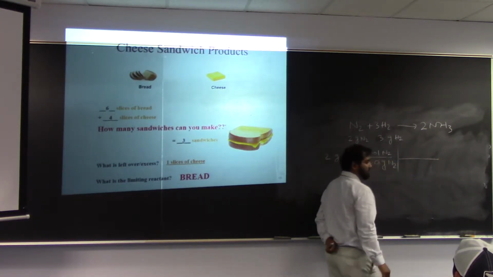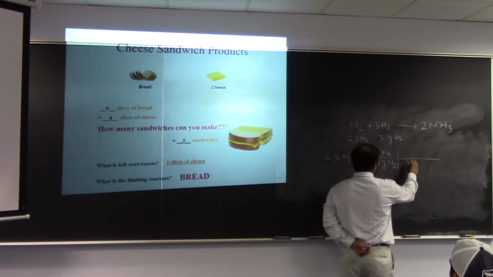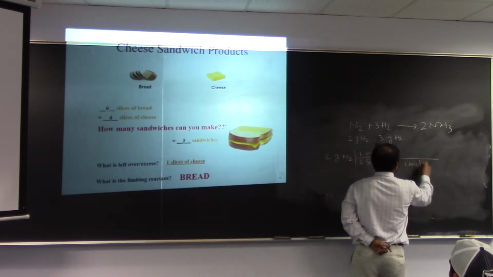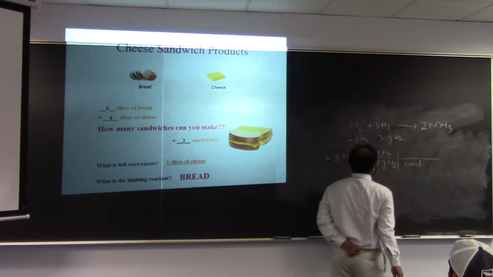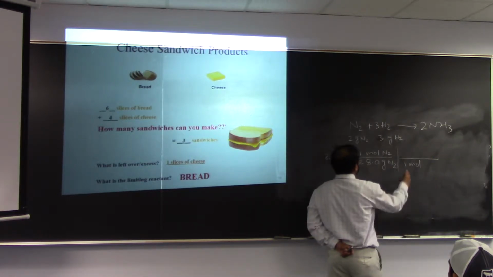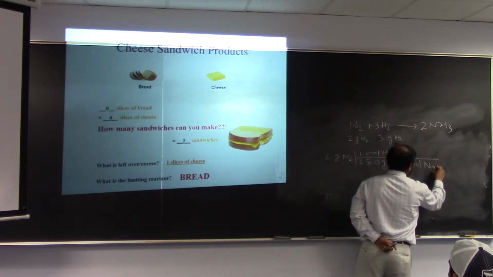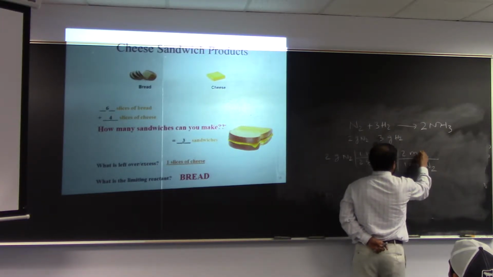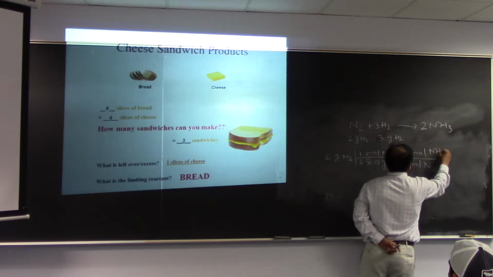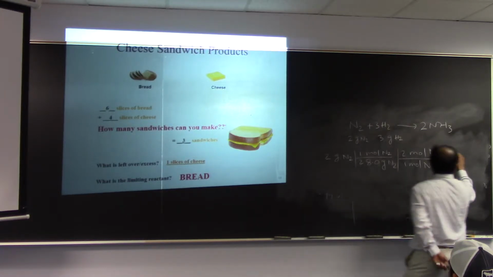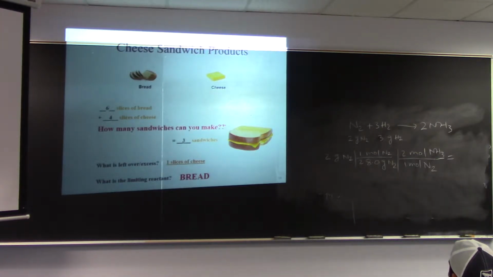I'm showing all different options, guys. And then 1 mole of ammonia. So 1 mole of nitrogen is producing 2 mole of ammonia. So now we can see how many mole of ammonia you're producing.